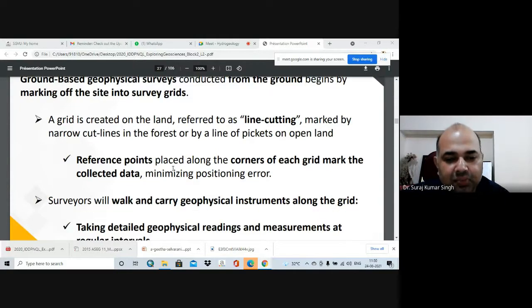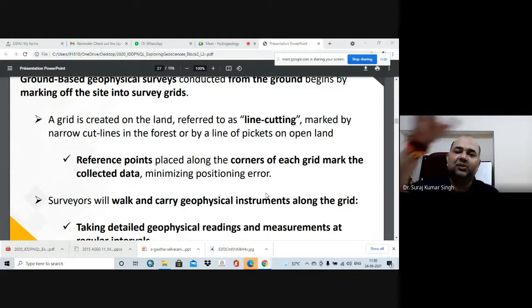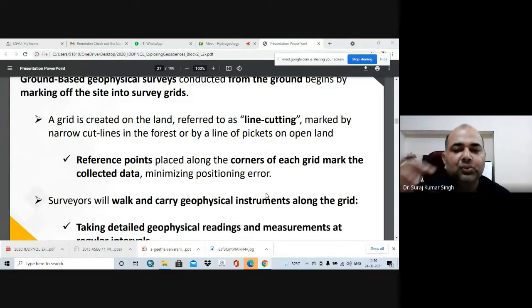Now the reference points placed along the corners of each grid mark the collected data to minimize the positioning error. So it's important that you define and identify each and every grid to reduce the error when you're projecting into the map, because all the data you're collecting is in the field, and now you have to convert that into a map.